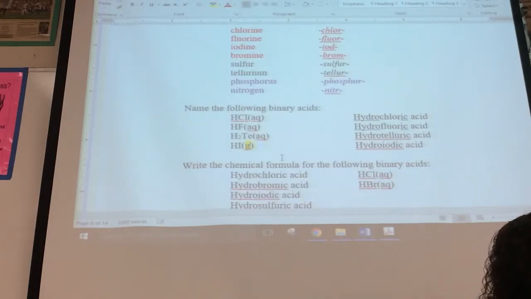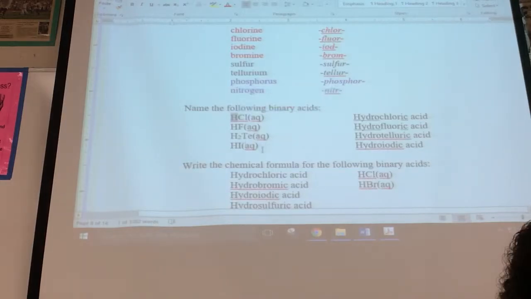So a little bit different there. So when you change it to aqueous, that's when you've got your acid. And be very careful here. When you name these off, for example, gas or a liquid, you go back to your ionic naming, even though these are covalent compounds. When you've got H there, it's a little bit tricky.